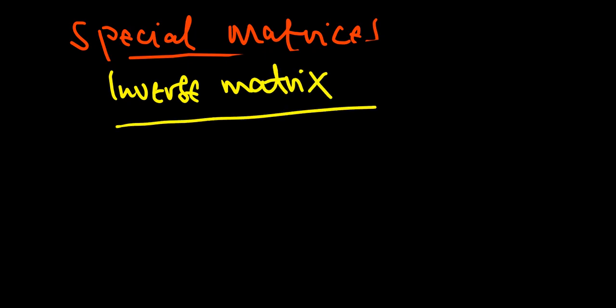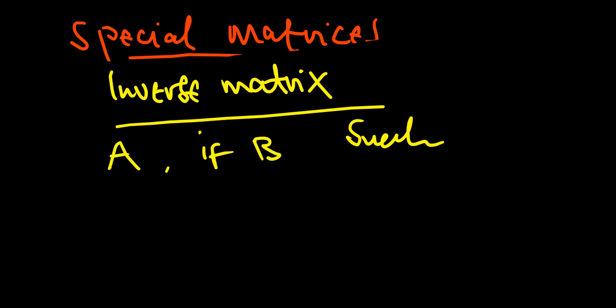Let's say we have a matrix A, which is a square matrix, and B is another matrix of the same size as this A, such that when I multiply A with B, I get the same answer as when I multiply B with A.